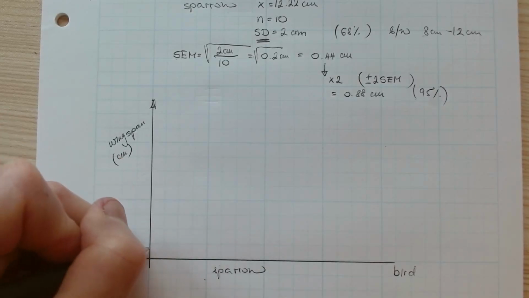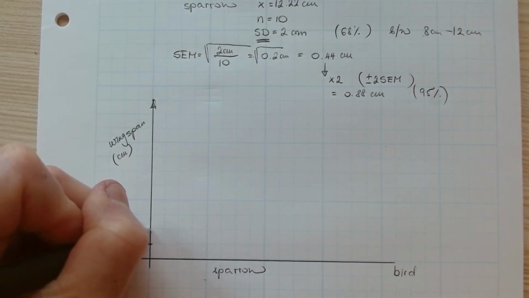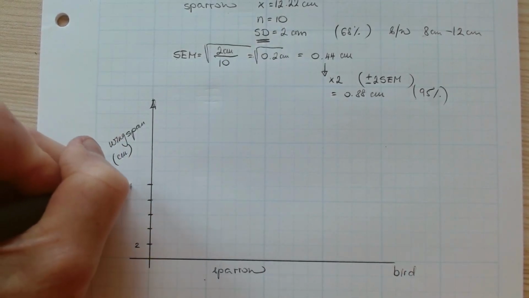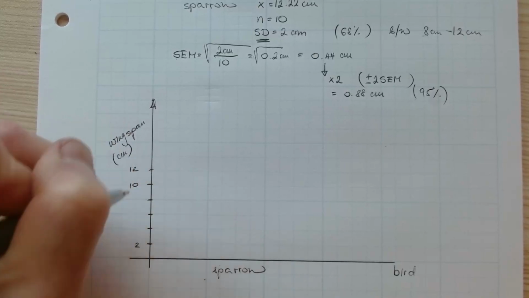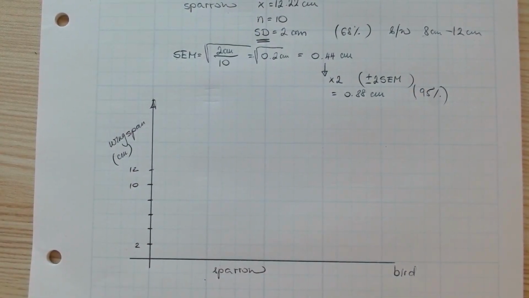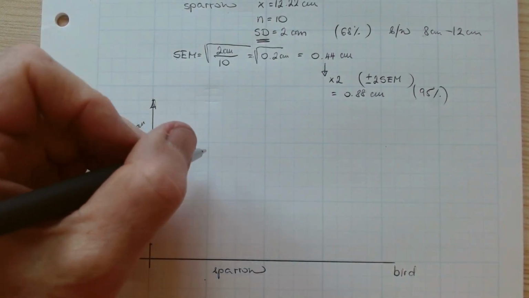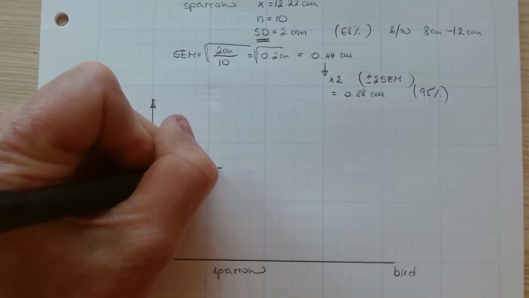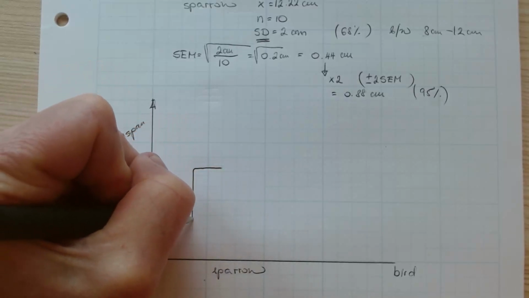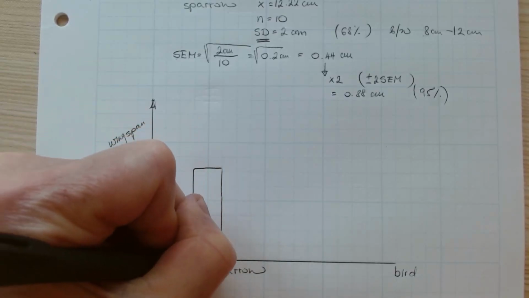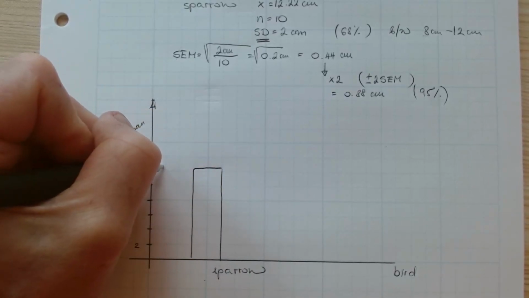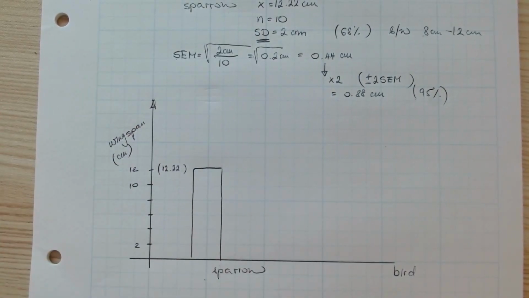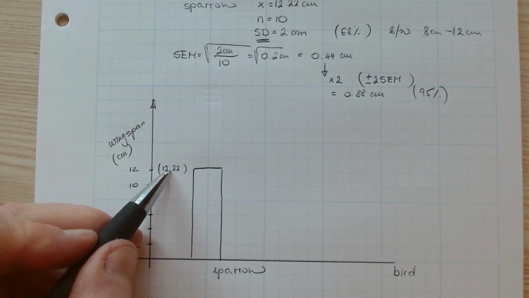Now, we will have evenly spread out values, 2, 4, 6, 8, 10 centimeters, and 12 over there as a mean. So 12.22, a little bit higher than 12. This will be the mean value. I put it in parentheses to see which one I just marked, but you don't have to put that on your AP exam.